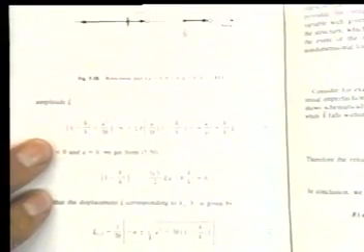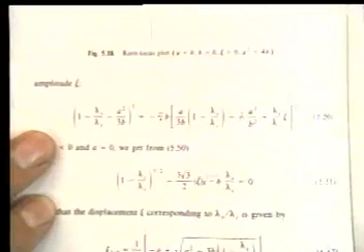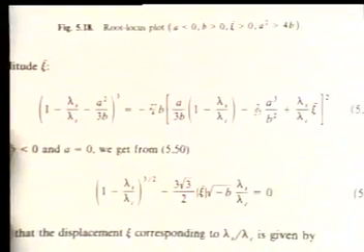Now, the analytical equation itself, when we have both a and b, is given by equation 550.